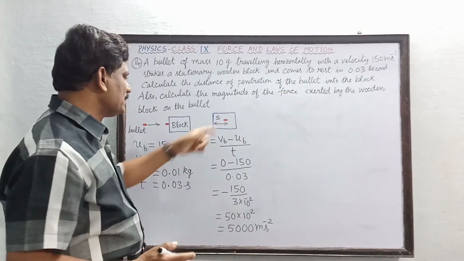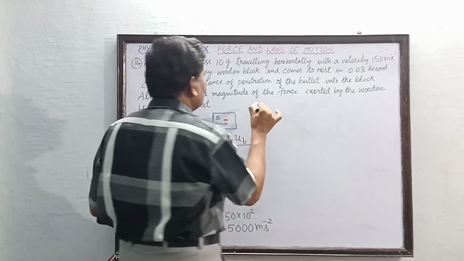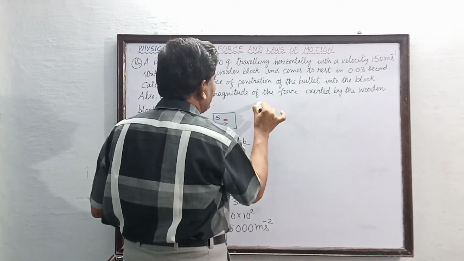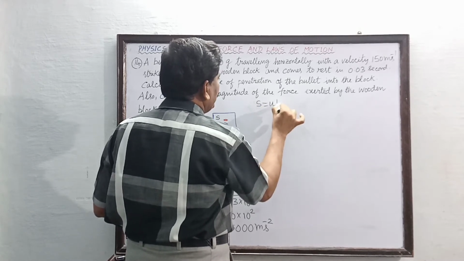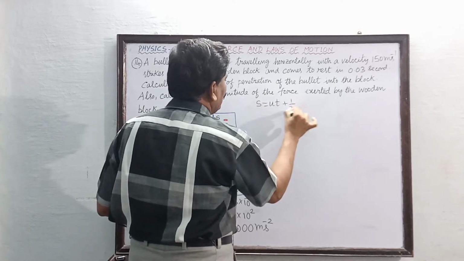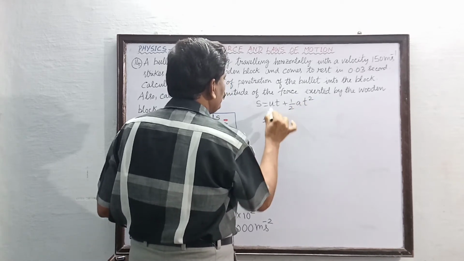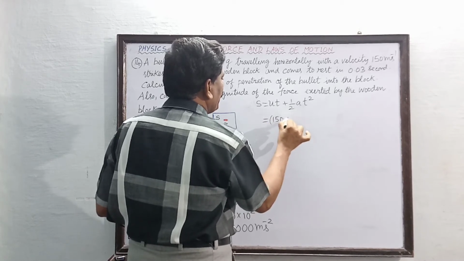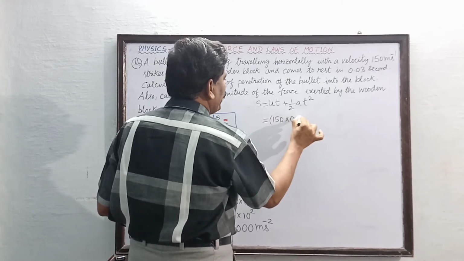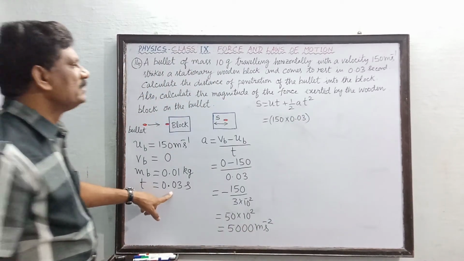Through how much distance is it traveling before coming to rest? S is the distance. For that we can use the expression S equals ut plus half at square. So S equals u, the initial velocity of the bullet, 150, into the time taken, 0.03.